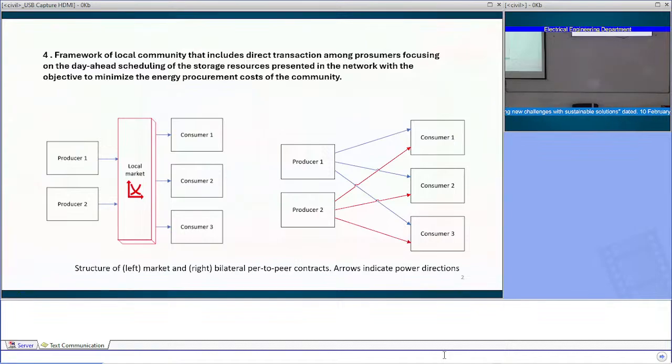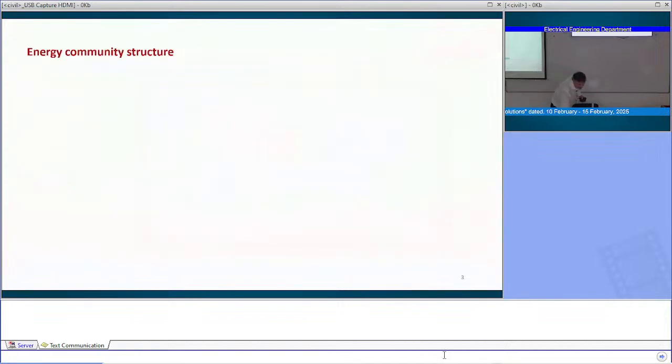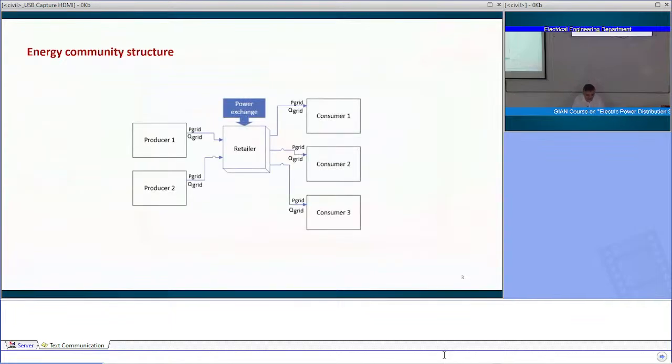So the local energy community has the idea to overcome these barriers in the creation of the local market. I will start with this figure, which is the typical framework for the final user.